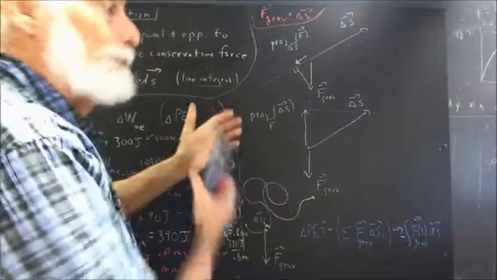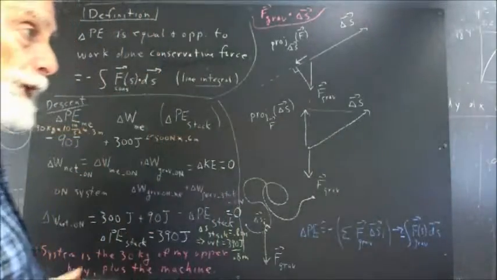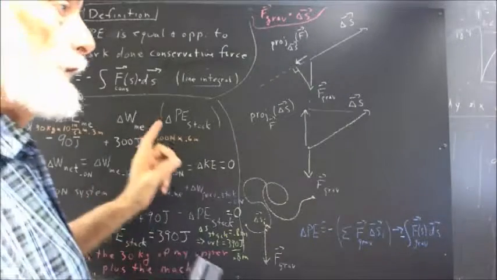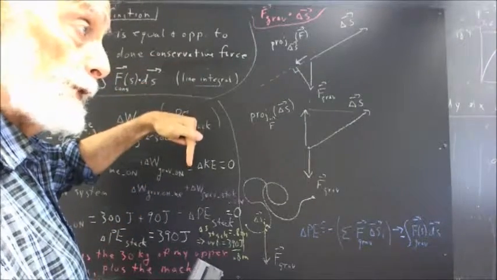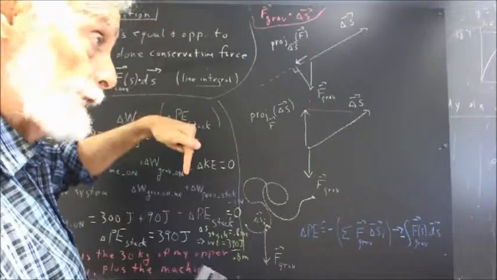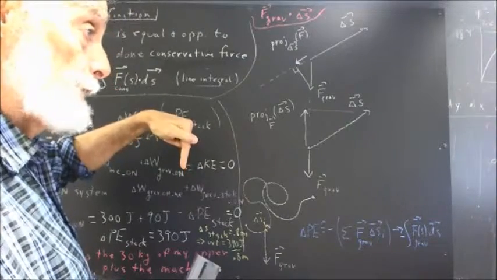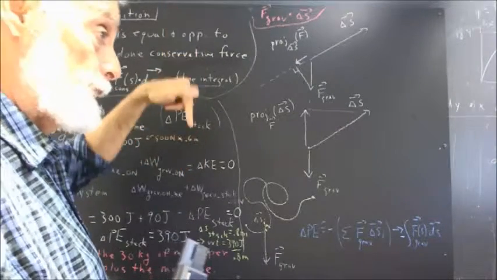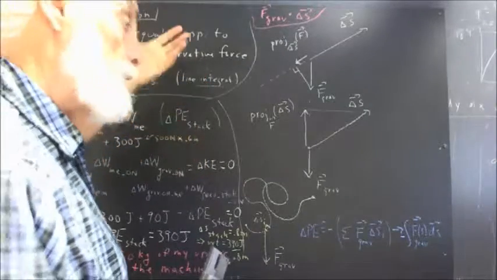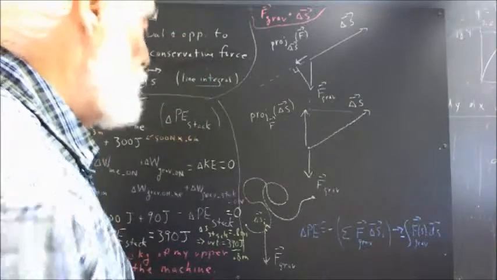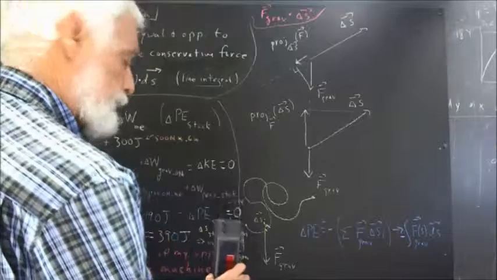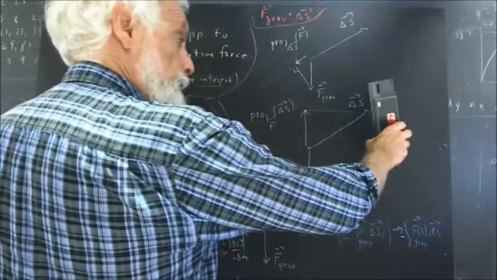If the signs are the same, that means that we're moving in the direction of the gravitational force, and gravity's doing positive work. If the signs are opposite, then we're moving in the direction opposite the gravitational force, and gravity's doing negative work.